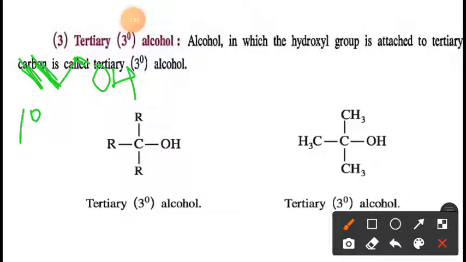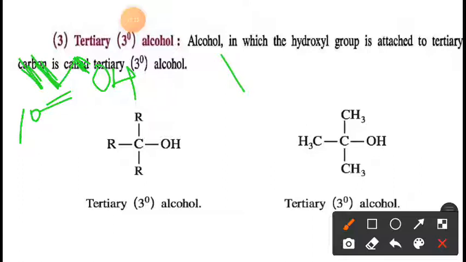As you can see, what I have told, in this alcohol the hydroxyl group is attached to a sp3 hybridized carbon. This carbon is sp3 hybridized, right? And through this carbon this OH has been attached. Now the next carbon next to the carbon carbon double bond is what? Allylic carbon, as you can see here. So this is 1 degree allylic alcohol.